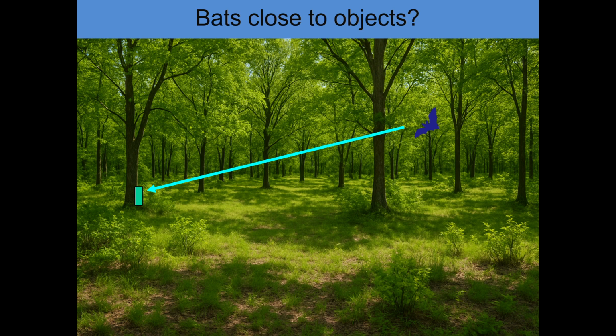Now, the other type of echoes you see, bats flying in the understory or close to objects, you're going to record the primary call or the main part of the call directly. But what we're seeing next are diffuse echoes. And diffuse echoes are echoes bouncing off all the surrounding surfaces.